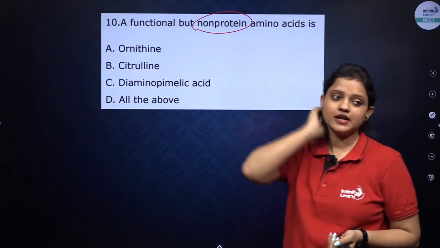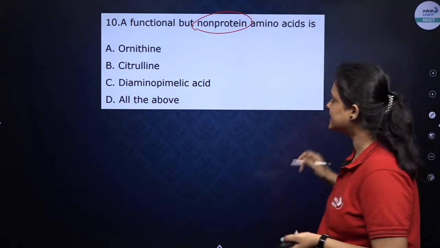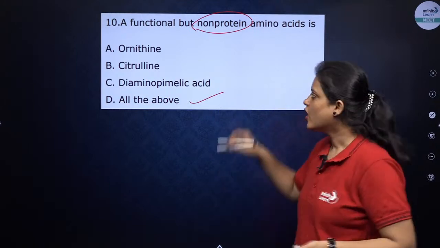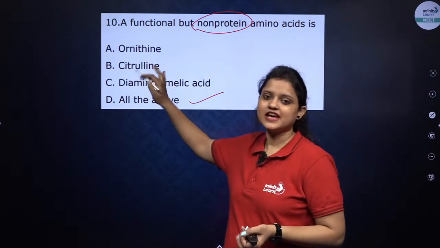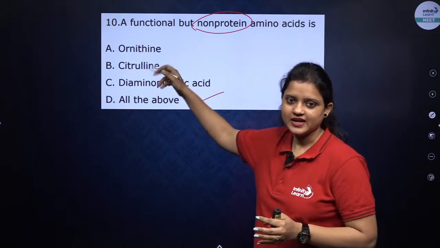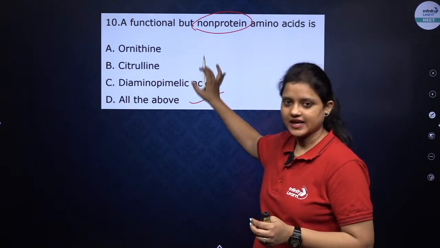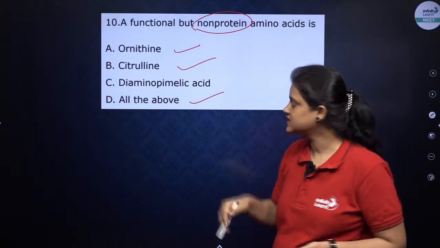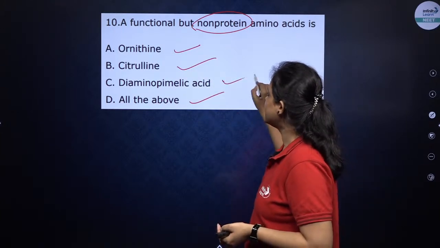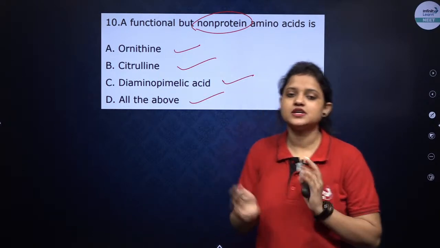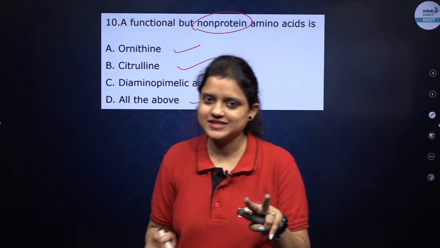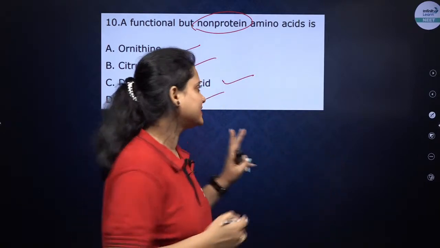Okay, W is saying D, Pujita is also saying D. Yes, correct option is D, that is all of the above. Ornithine, you must have heard about ornithine in the urea cycle. Ornithine is an amino acid, citrulline is also an amino acid and diaminopimelic acid is also an amino acid, but it does not form any protein. There are only 20 amino acids that will form protein, isn't it?